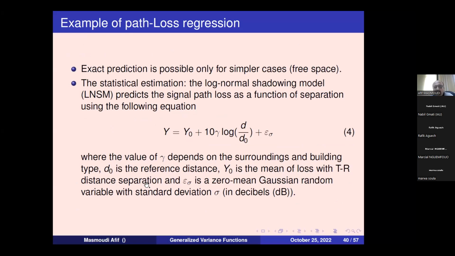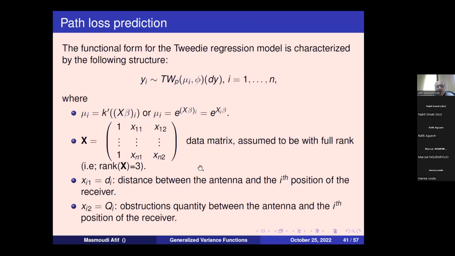the reception and the emitter. So here we consider two explanatory variables, which are the distance and the quantity of obstacles x2. And we assume that y follows the 3D distribution with parameters p, mu i, and phi.